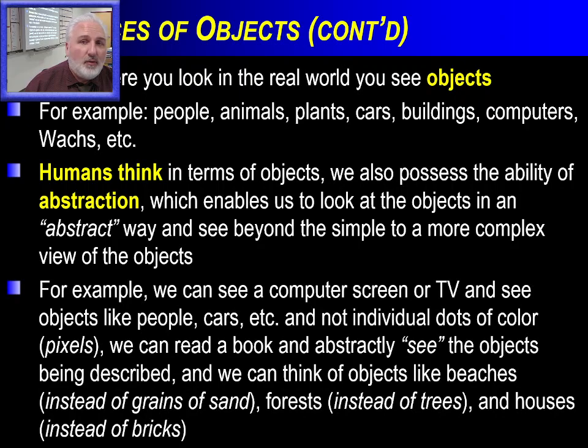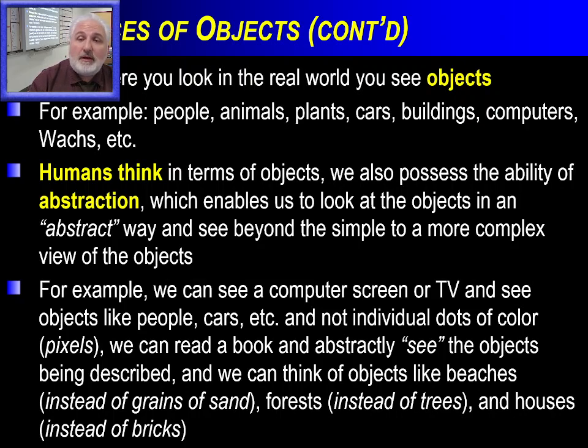If you look around the real world, you can see objects, people, animals, plants, cars, buildings. Humans think in terms of objects. We possess the ability to use abstract thinking, to look at objects in a more abstract way, see beyond the simple to more complex views of objects. For example, we can objectify things in lots of different ways. When we look at a computer screen or a TV or a movie, we know we're looking at individual pictures in front of our eyes.